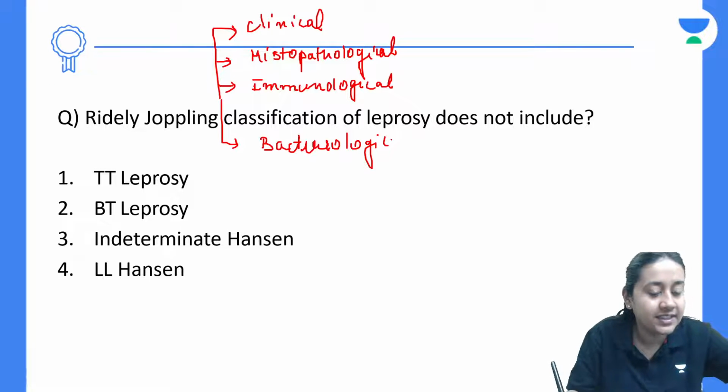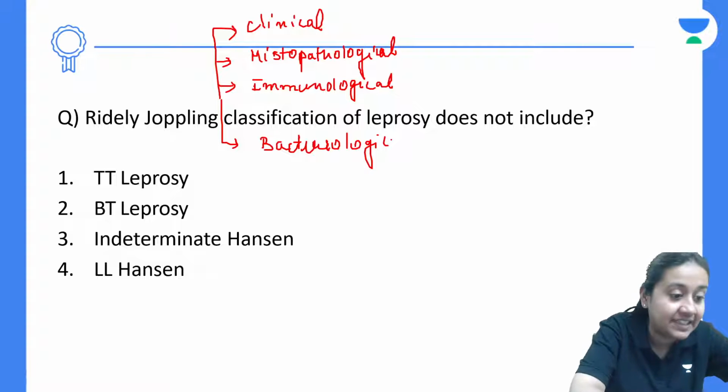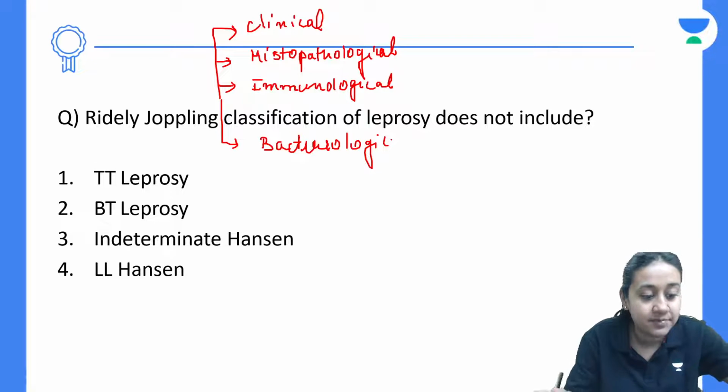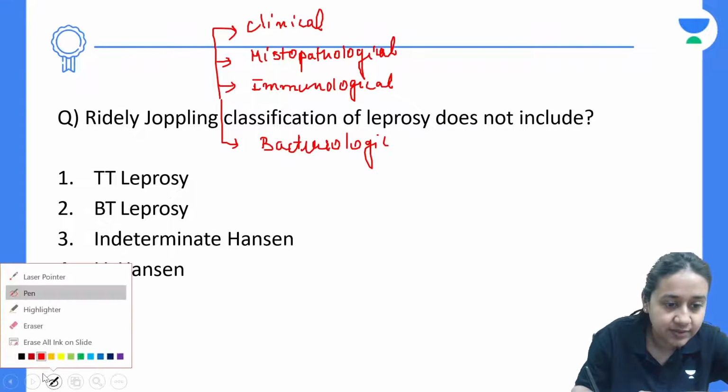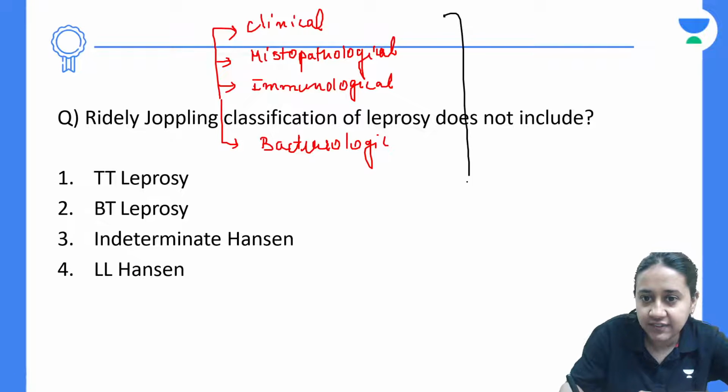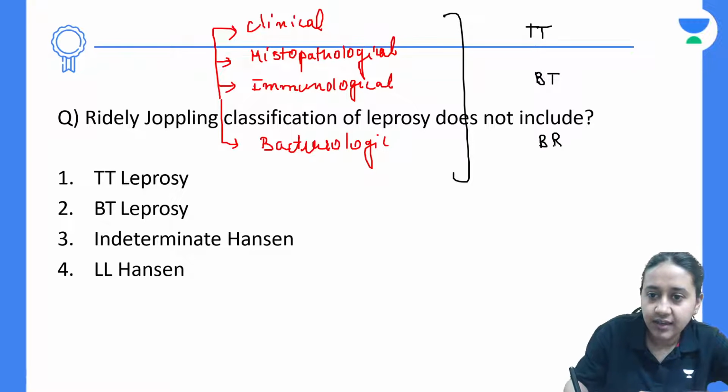They have used all these criteria and they have classified the leprosy patient into how many types? Into five types. And what are these five types? These are TT, BT, BB, BL, and LL.